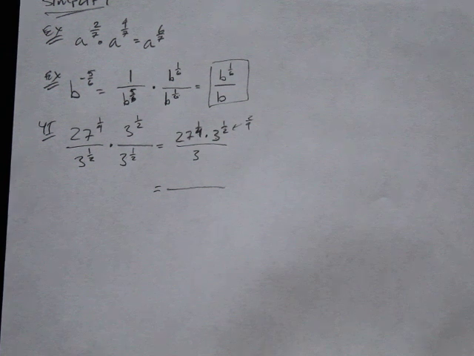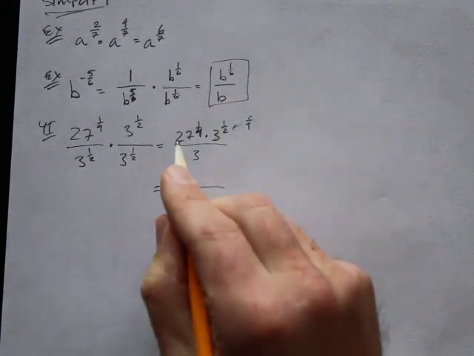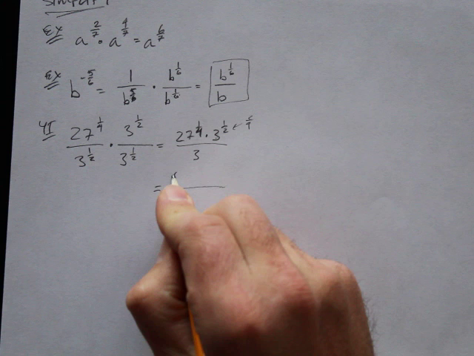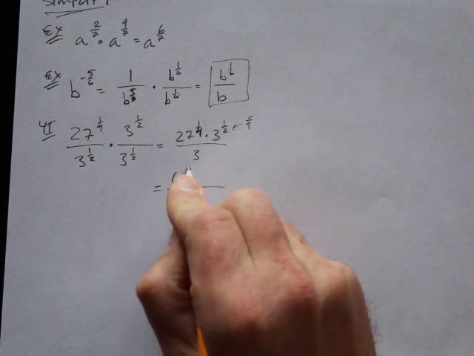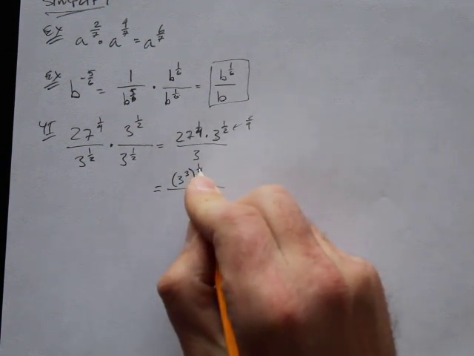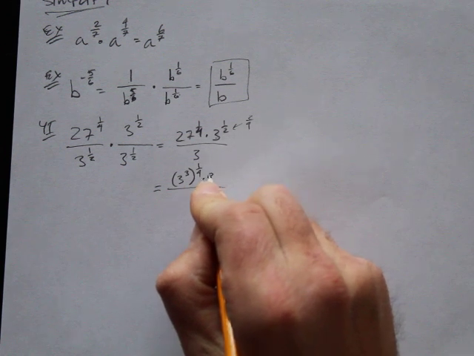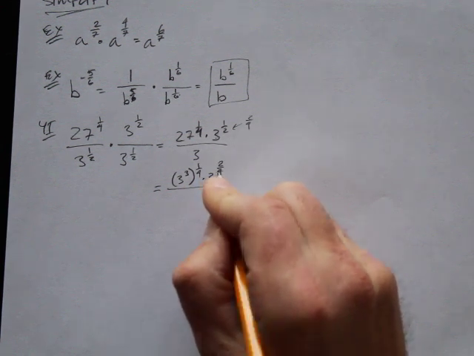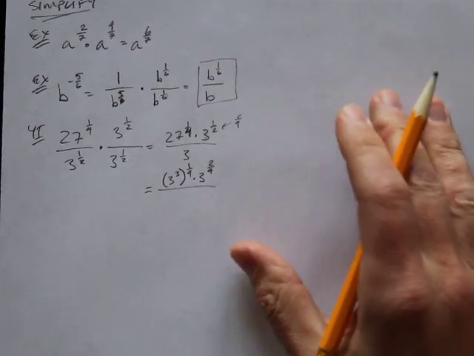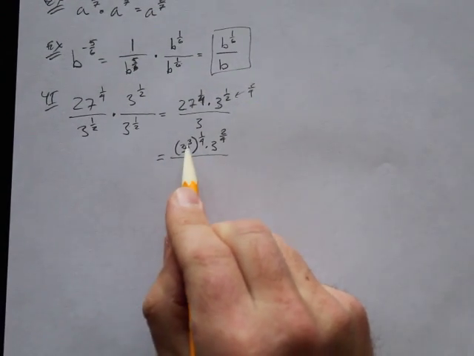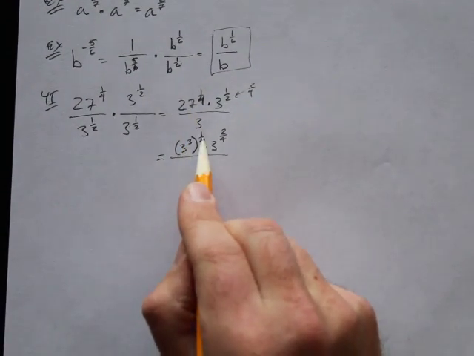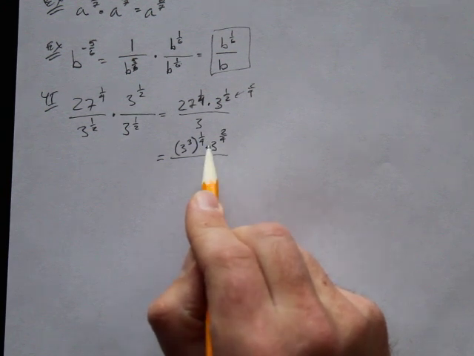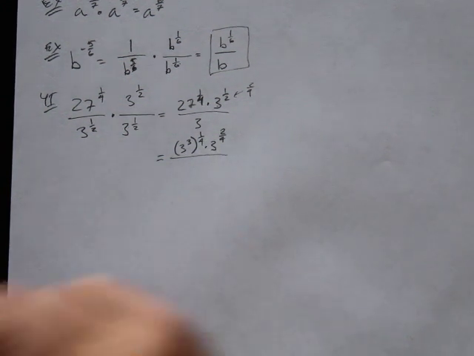Now, here I gave you a try that has some really tricky stuff in here. 27 is 3 to the 3rd power. So I've got 3 to the 3rd power, which is 27, to the 1/4, times 3 to the 2/4, over 3.